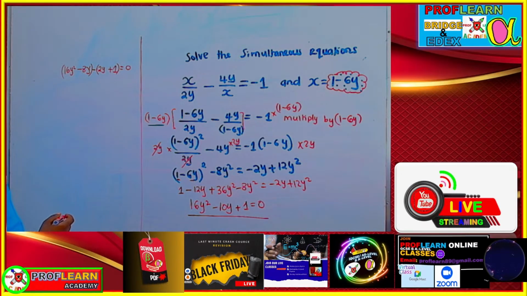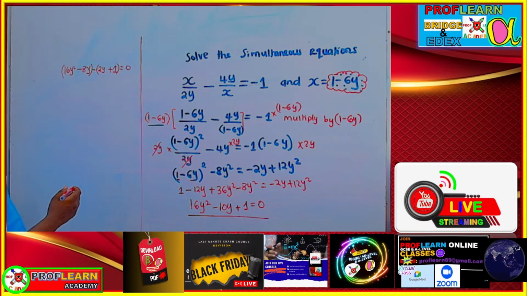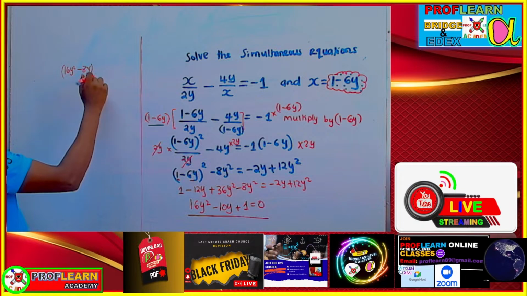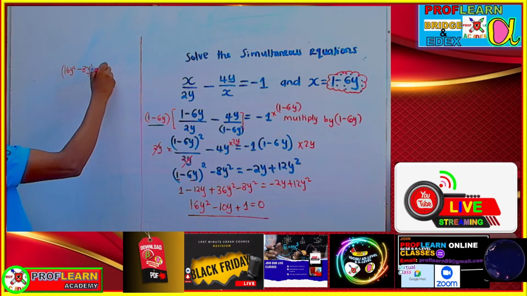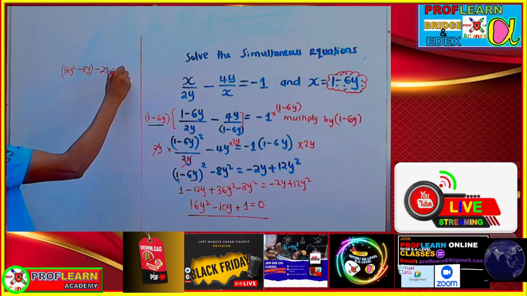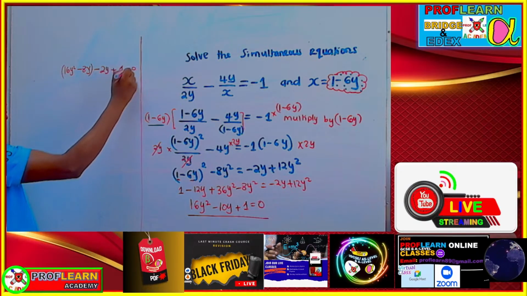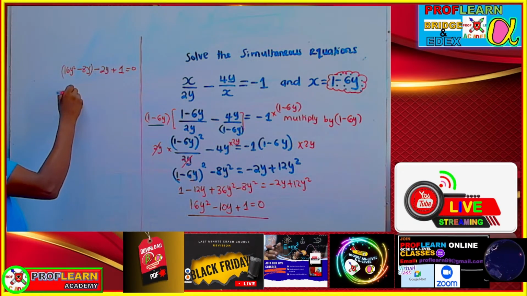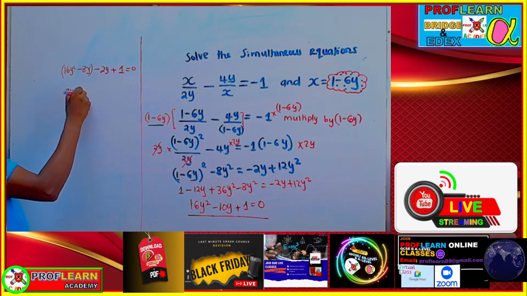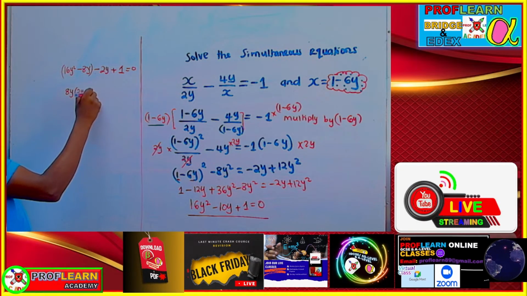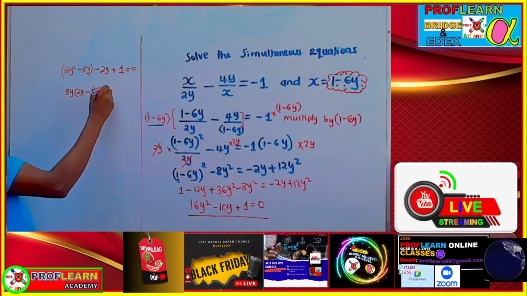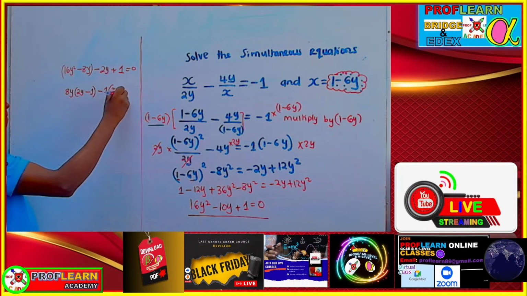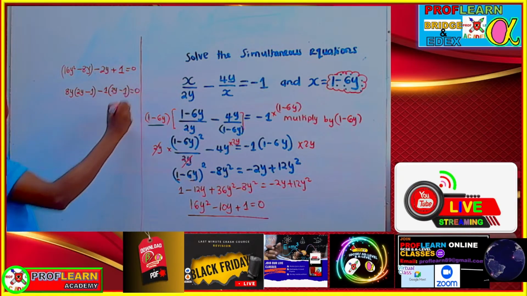So this is minus 2y plus 1 is equal to 0. So this is going to be 8y into 2y minus 1, and this is going to be minus 1 into 2y minus 1 is equal to 0.